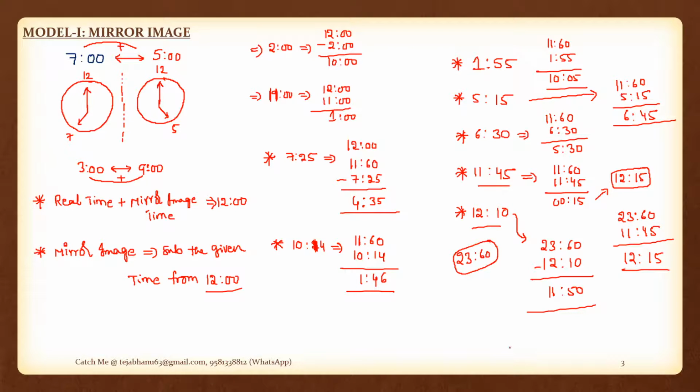I hope it's clear. It is very easy. In order to find out the mirror image, simply subtract the given time from 11 hours 60 minutes or from 23 hours 60 minutes.